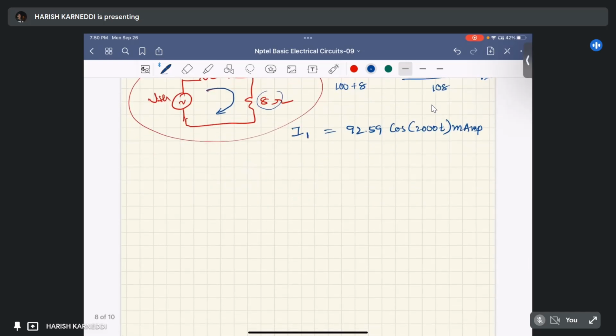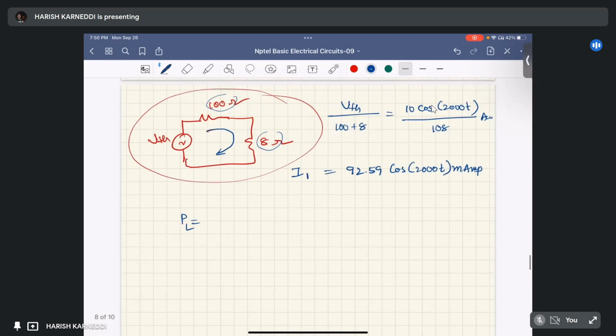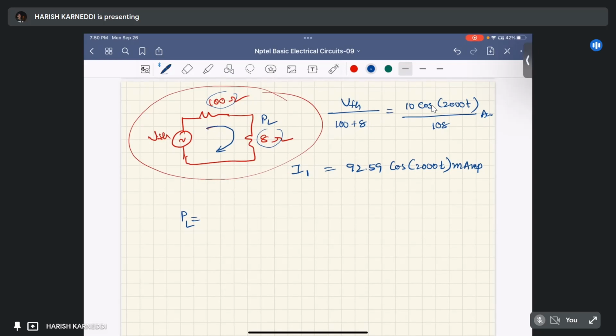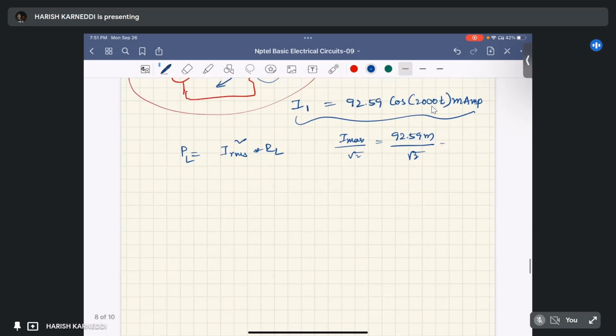So what about the power? P load equals the RMS current through this 8 ohm resistor, that is IRMS square into R, right? What about the RMS value? RMS value equals maximum by root 2, which is 92.59 milli by root 2, which equals 65.47.